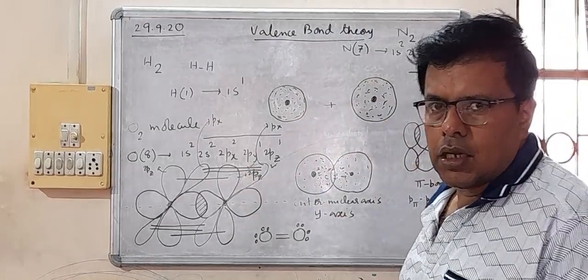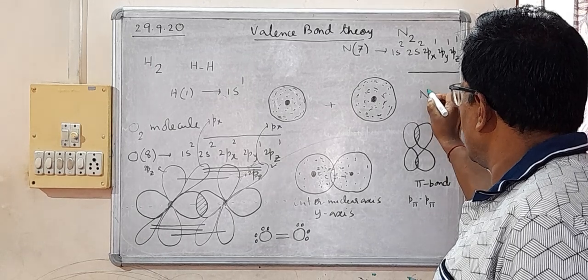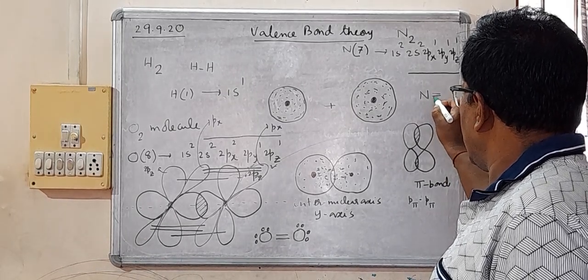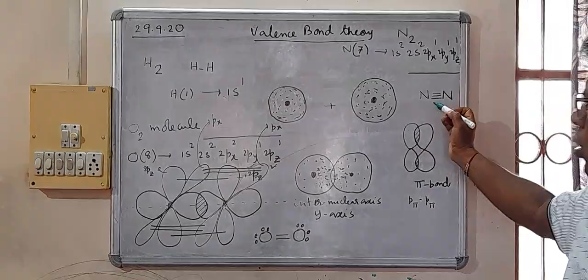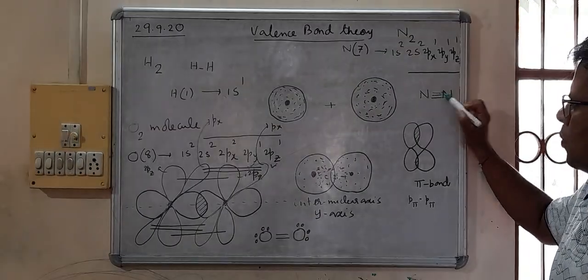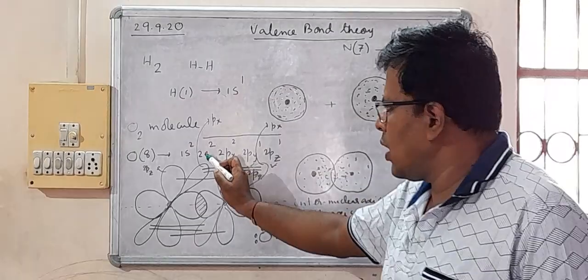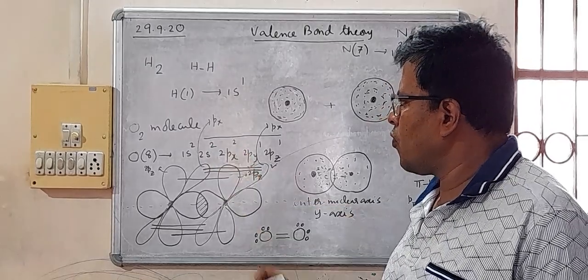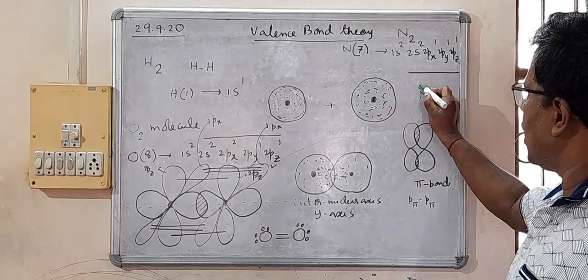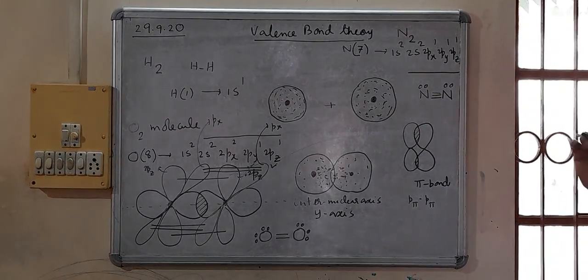So this is nitrogen molecule. What we are seeing is that nitrogen molecule has a triple covalent bond, 1 sigma bond and 2 pi bonds, and this 2s electron is not used in bond formation, so it will be there as lone pair.